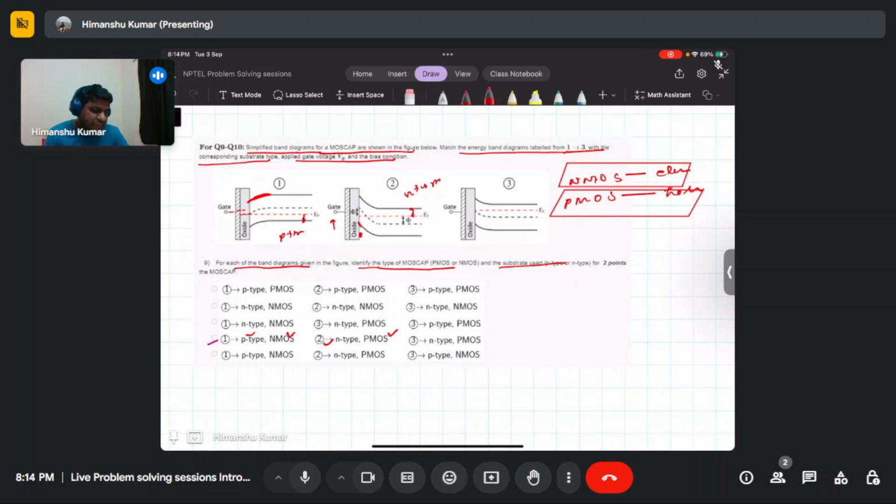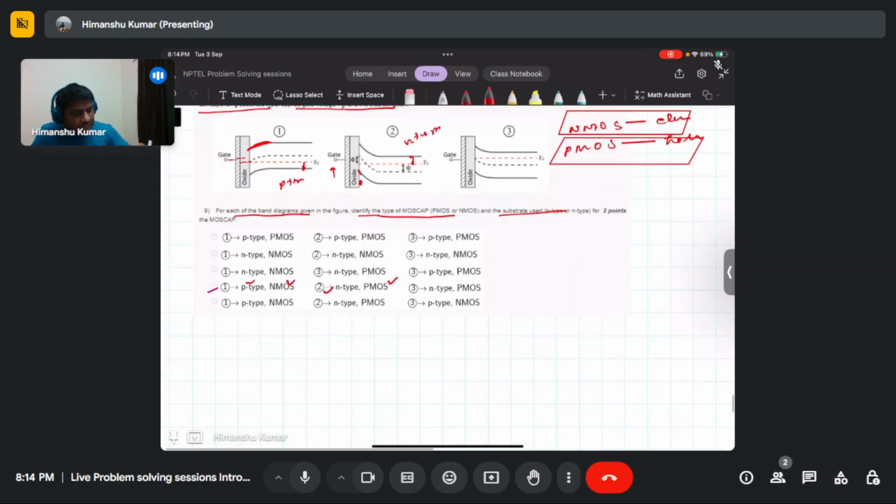Similarly, you can see in this case, with the application of the gate bias, this type is n type, but the band bending is up. So that means hole depletion is there, and electron accumulation is there.